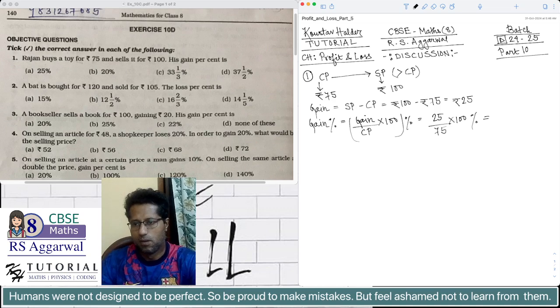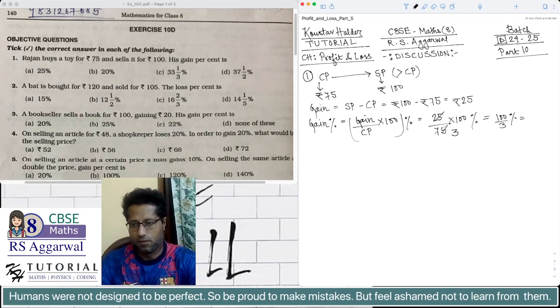This is equal to 25 divided by 75 is 1 by 3, and my machine has already started to work very slow. Anyway, this is 100 by 3 percentage.